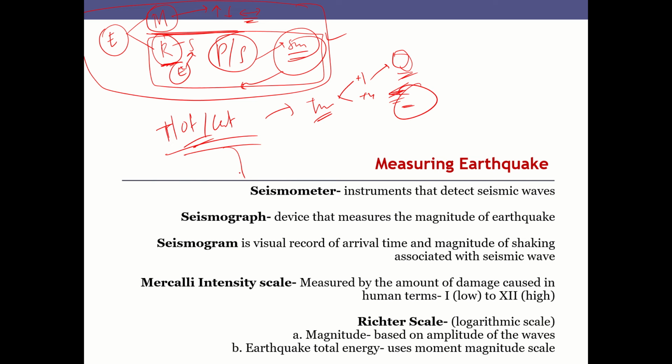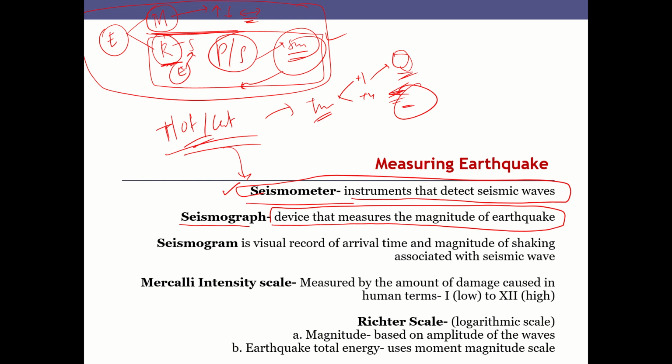Similarly, we have devices for measuring earthquakes. A seismometer is an instrument that detects seismic waves. We have a seismograph, a device that measures the magnitude of an earthquake.